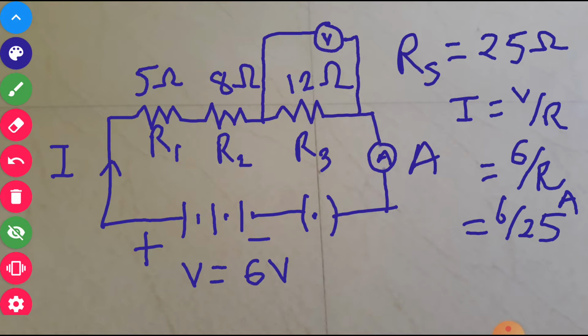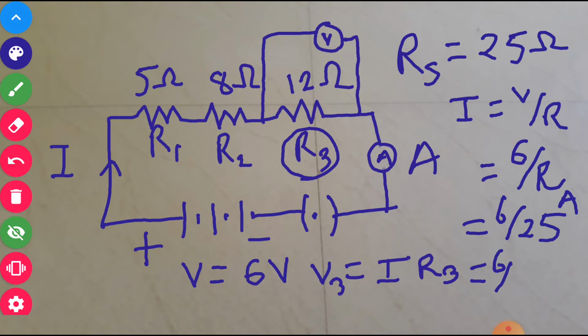Now if you want to find the voltage across the third resistor, that is of 12 ohm, and I write V3, then that will be equal to the current I that we have already calculated, multiplied by the value of the third resistance, R3. We got current as 6 upon 25, multiplied by the resistance R3, which is 12 ohm.